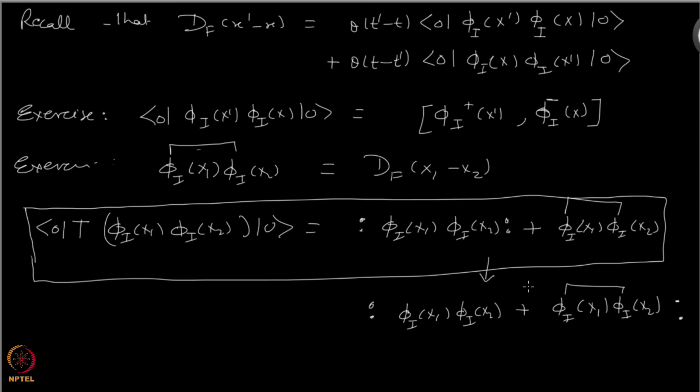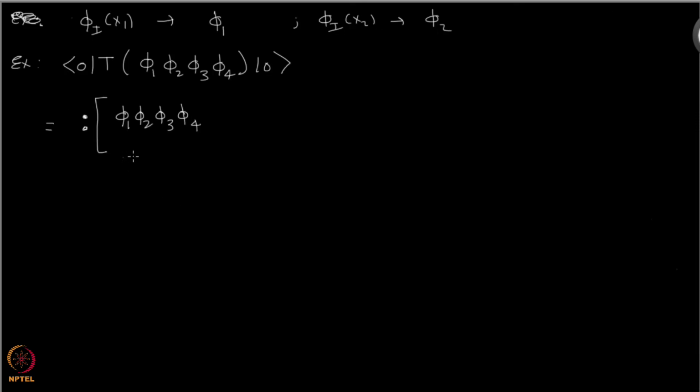Okay, the same thing. So in the case of 4 fields, you will be able to show that you have this term plus phi 1, phi 2, phi 3, phi 4, and a contraction between phi 1 and phi 2, plus, now instead of 1 getting contracted with 2, 1 will get contracted with 3.